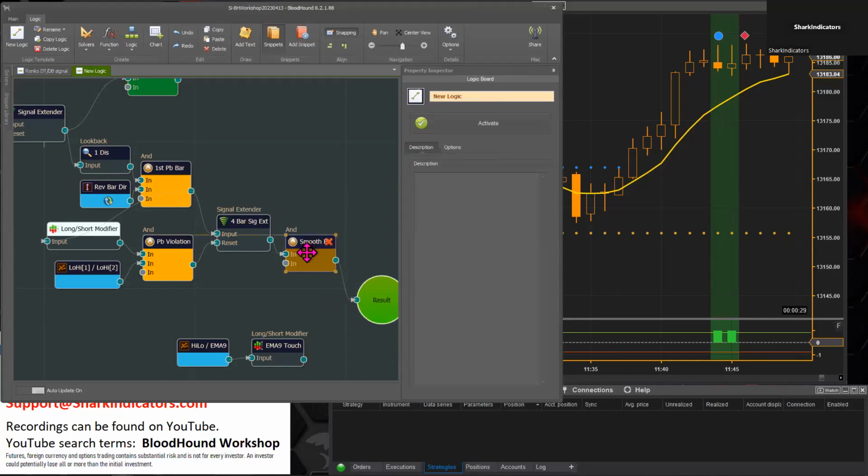All right, so what's coming out of this AND node is essentially the smooth pullback.